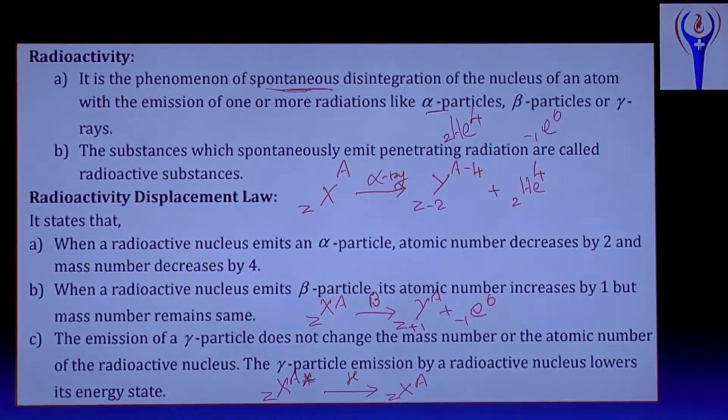The star represents that it is in the higher energy state or excited state. So in gamma decay, there will be no change in the atomic number or the mass number. There will be a change in the energy state only. So, this is the alpha decay, beta decay and gamma decay.